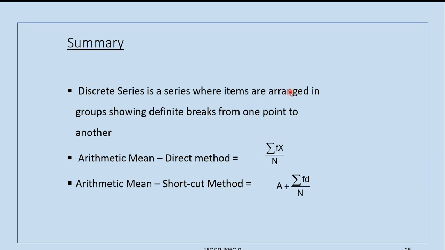D is the deviations taken from the actual observations using assumed mean, that is capital X minus A is equal to D, which is summed up as we have seen in the fourth column, that is divided by n, and the whole number which we get, sigma fd by n, is added to the assumed mean to get the mean value. Here it is added to the assumed mean.